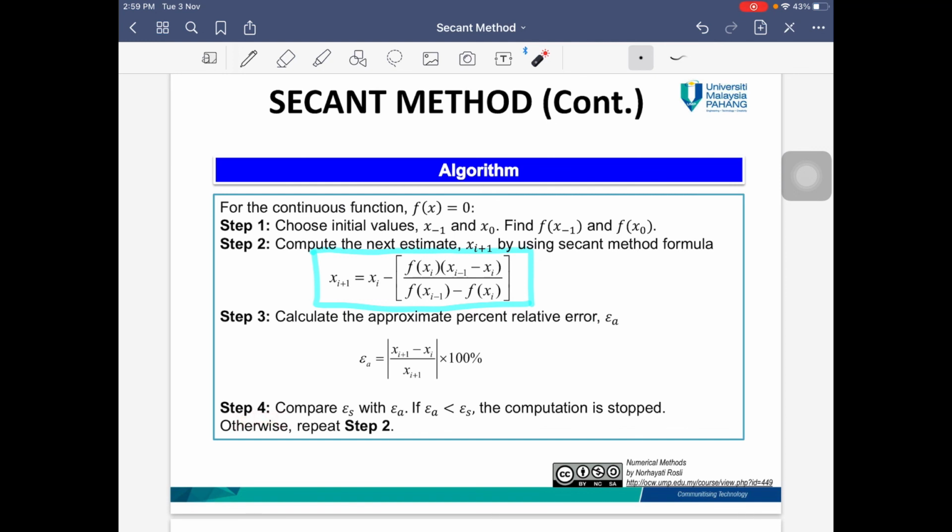Step number 4, you compare the approximate percent relative error with the given stopping criterion in order to decide whether we need to continue or stop the computation process. If not satisfied, then you need to repeat step number 2 again.